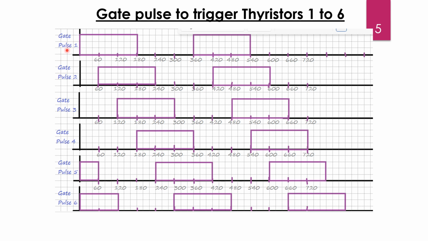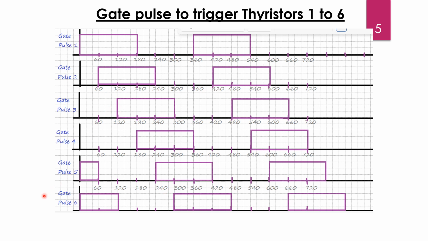Based on the vector diagram or phase difference between A, B, C, assuming that T1 is triggered right now, T3 will be triggered exactly after 120 degree and T5 will conduct only after 240 degrees.